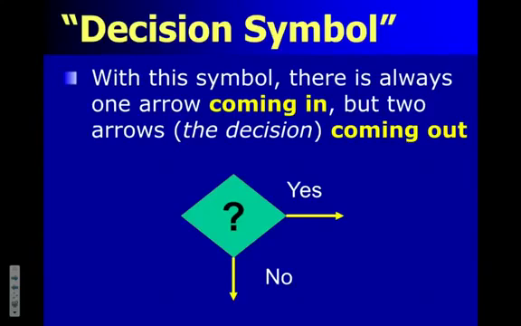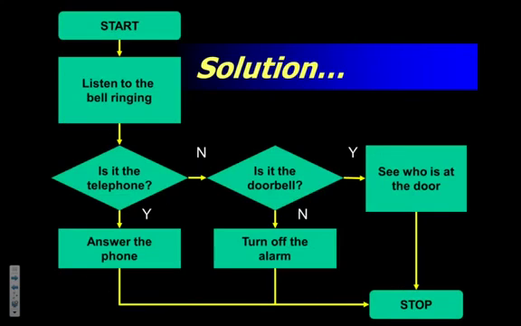You could have 20 arrows coming out saying red, blue, green, aqua, I don't know my colors, whatever. In general problem solving, that's okay. But in the realm of computer science, you want one arrow in, two arrows out. Which is why, if I go back a little bit, in this one, I used two decisions, right?